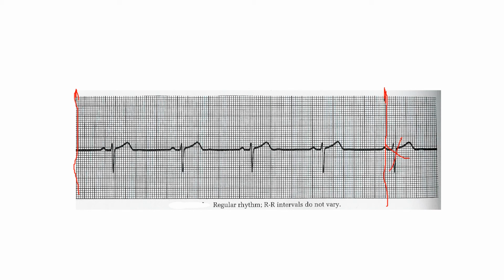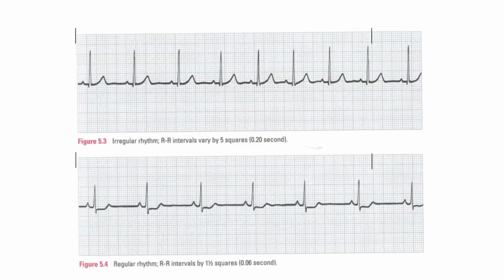The P waves don't count and the T waves don't count. Only the R waves, or the QRS complexes. That's what you do in a 6-second quick heart rate calculation. So we have 4. So our heart rate is around 40-ish, but more exactly, it is 44. Let's look at the other one.